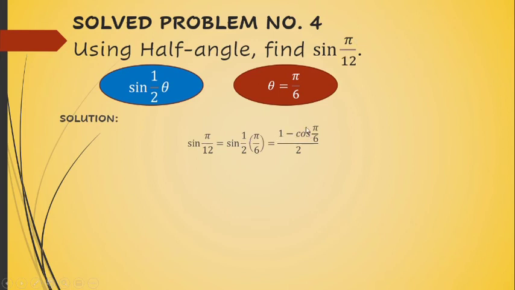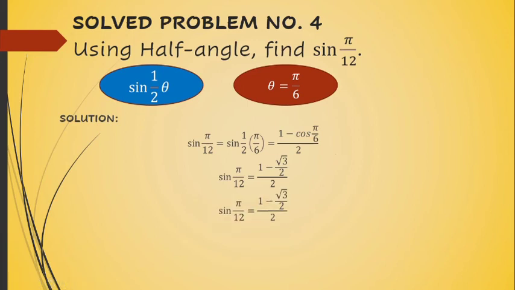Ito po, since 1 minus cosine x, or cosine theta rather, over 2. Then, since ang theta natin is pi over 6, what is the cosine of 30 degrees? So here, and this is it.